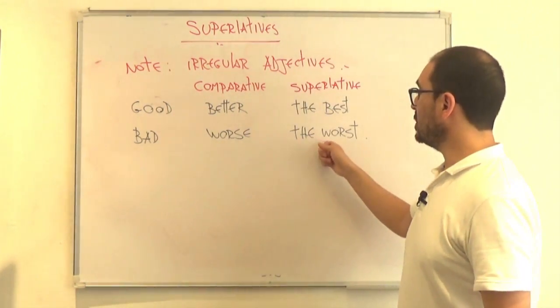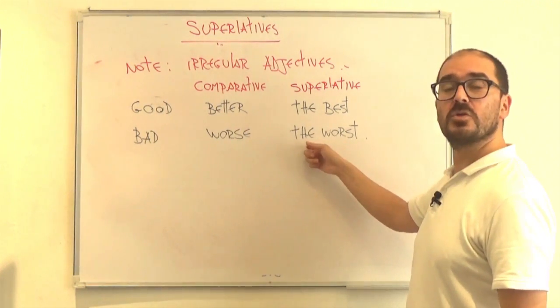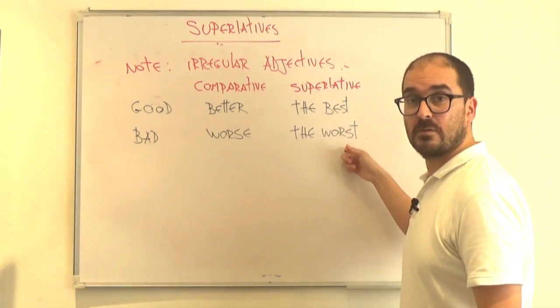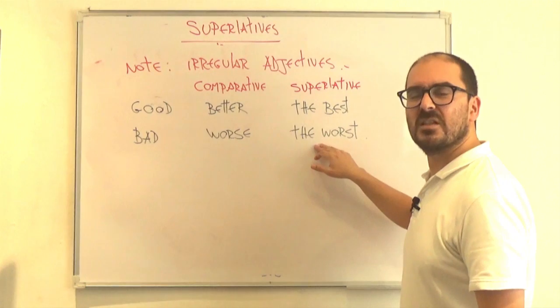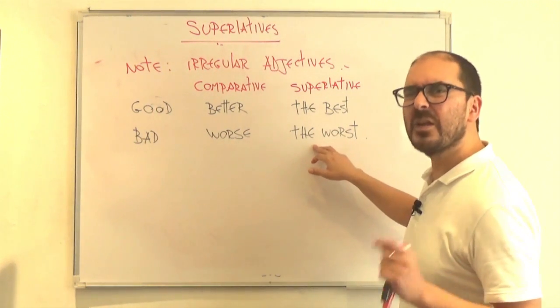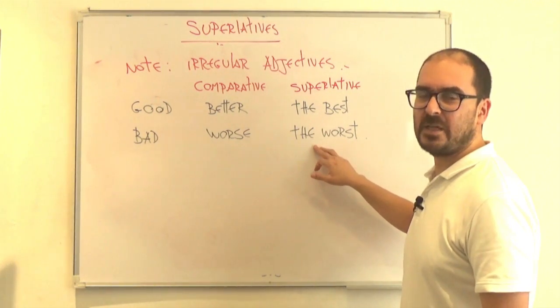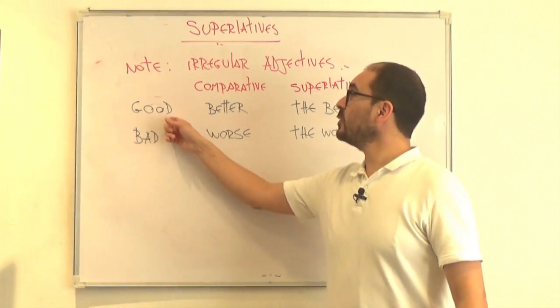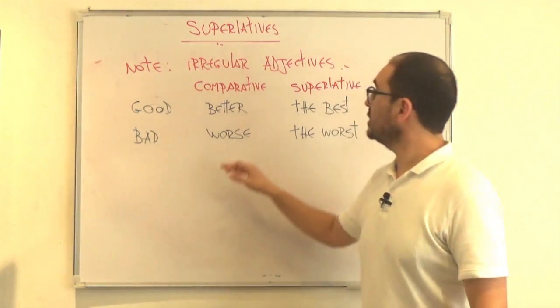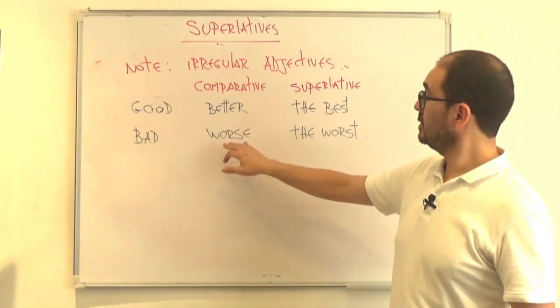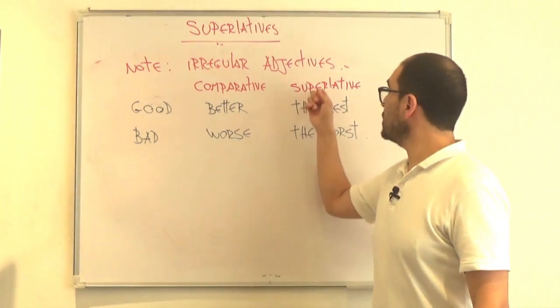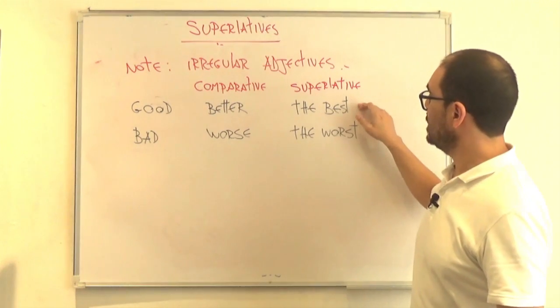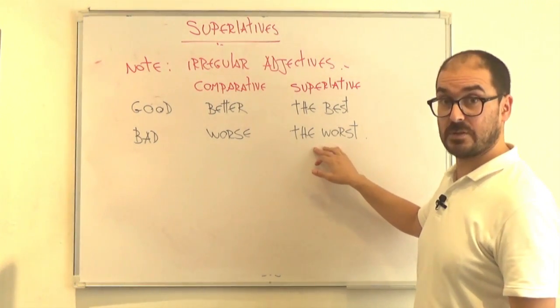And when we talk about the superlative, we're going to use the term the worst. For example, the worst day of your life. Many of you are thinking about that right now, and it probably happened in high school, right? Okay, so when we use good or bad, we have comparatives, better and worse, and the superlatives are the best and the worst.